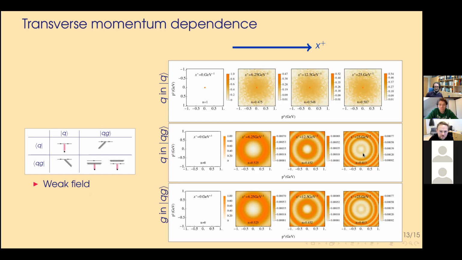Actually, these are incoming circular waves now, because it is an exponential of something times x plus, and x plus is increasing. So in transverse momentum space, they are going in.